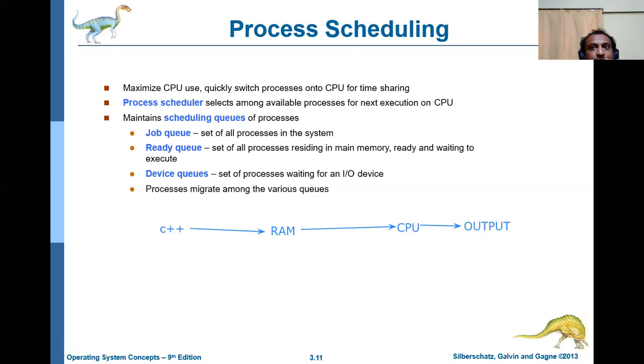Remember them? Those waiting processes are what we call device queues. The process waiting for a resource, an input or output device, is the device queue. So we have 3 important things in process scheduling: job queue, ready queue, device queue.